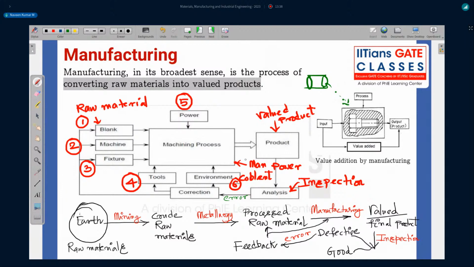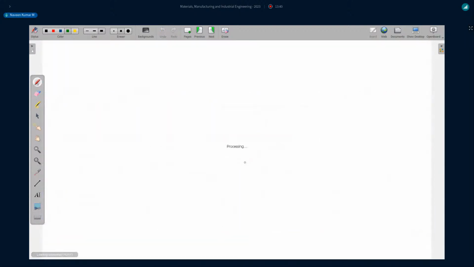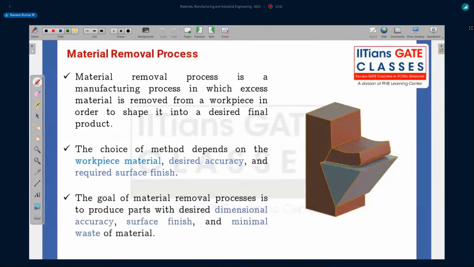The same way, I have some kind of raw material, and I remove material slowly in the form of chips. If you are thinking of lathe machining, grinding, milling, drilling, you're removing the material in the form of chips, right? But in some other machining process, you can remove it in the form of melting and evaporation.